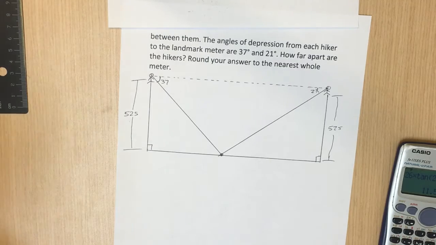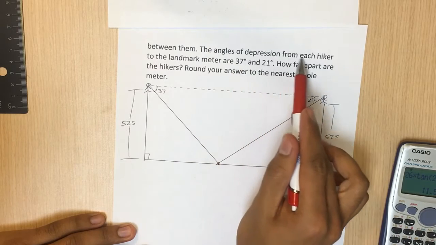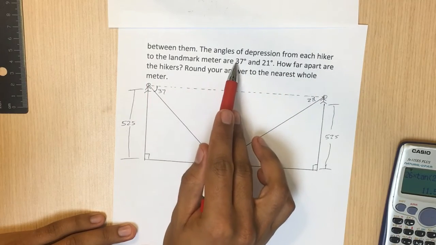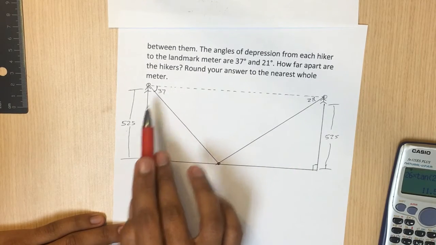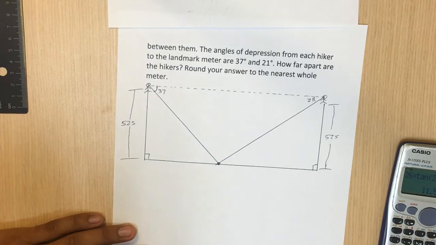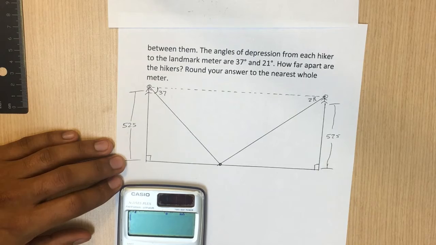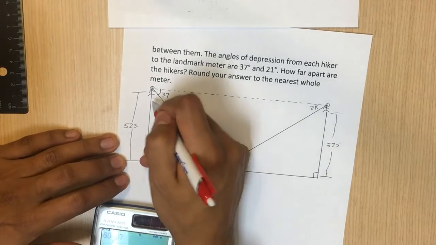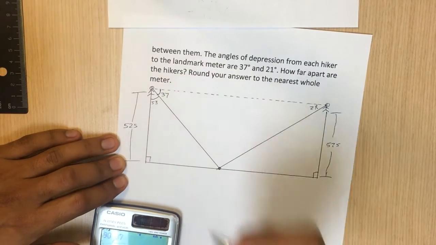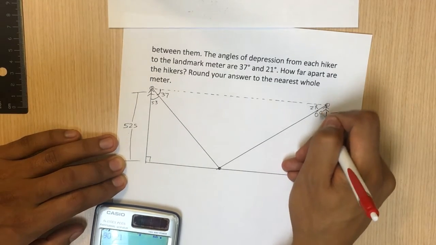Okay, so that's what we have to be careful on when talking about the angles of depression from each hiker to the landmark are 37 and 21. So this angle is 37, not the inside angle. Okay, so then we can quickly figure out what's the measurement of the angle inside by doing 90 minus 37, which gives us 53 here. Okay, and then same for the other on the right side, where we get 69.